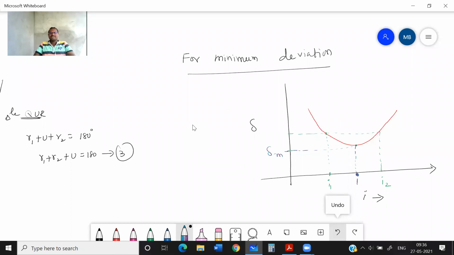Means deviation produced in a light ray due to a prism is minimum only at one particular angle of incidence.